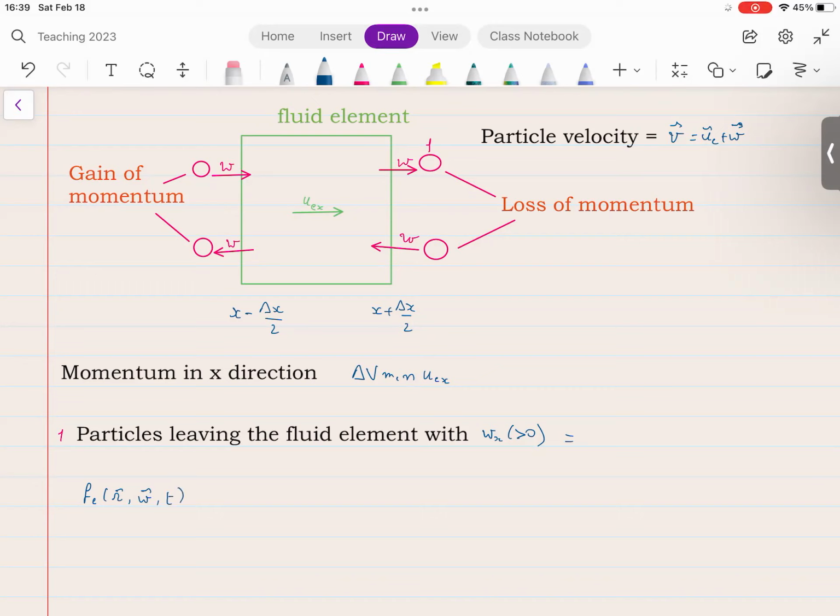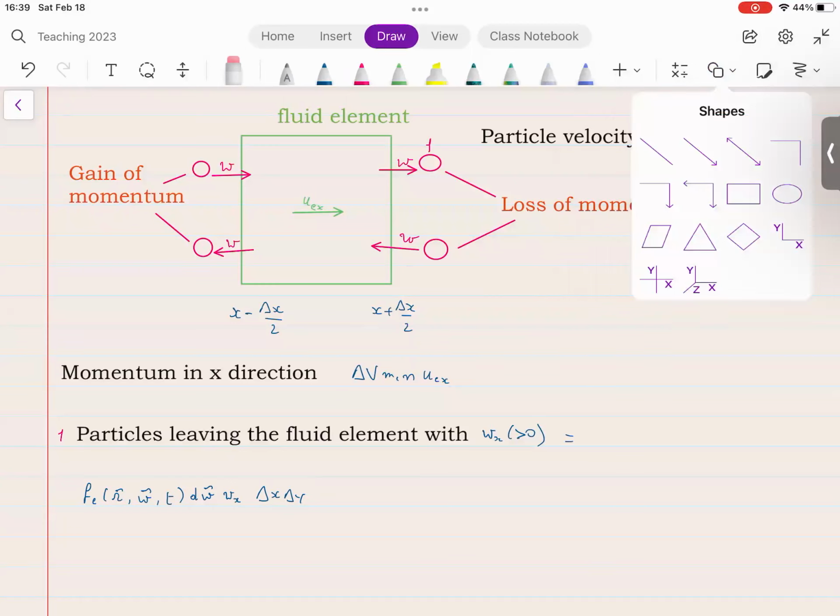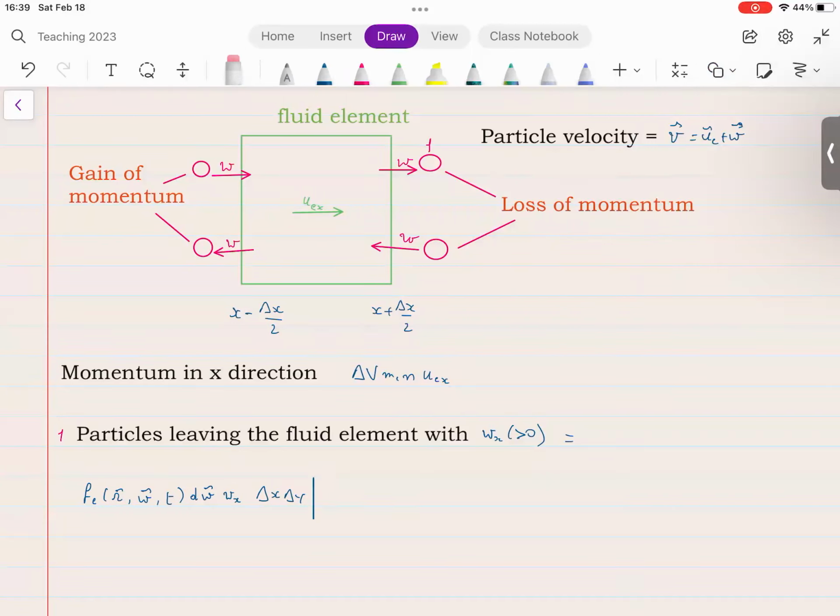It's going to be the particles in that element of velocity space around that velocity w sub x, and this multiplies the size of the surface, delta x delta y, and the whole thing is calculated at x plus delta x over 2, on the right side of my fluid element.